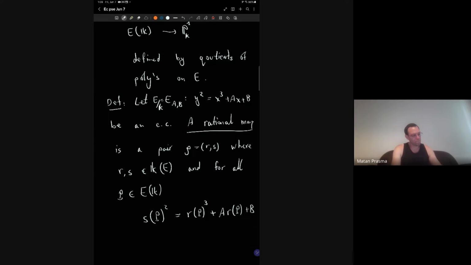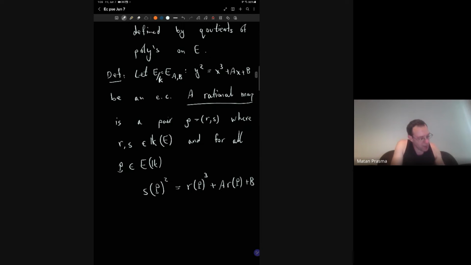And here, just to make it completely clear, if P is the point at infinity, then I remind you, heuristically, we think of the point at infinity as being (infinity, infinity).